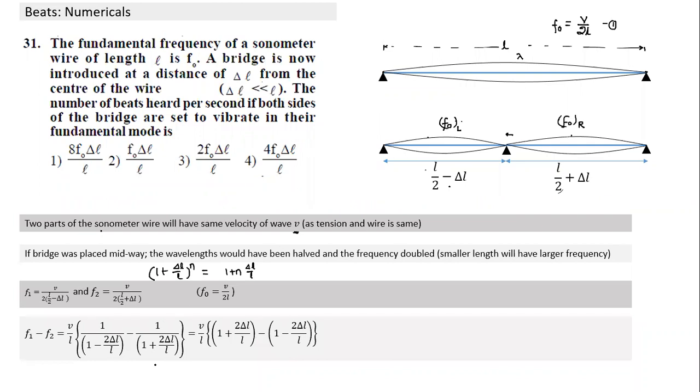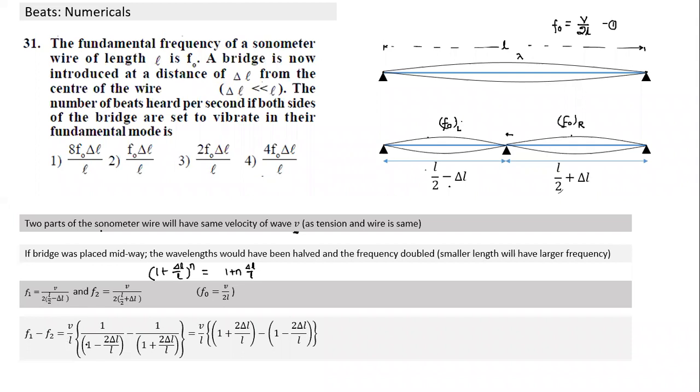So what is F1 minus F2? This is F1 minus F2. So this whole term can be written as 1 minus 2 delta L by L. What we have done here is taken this L by 2 term out common. So if I take L by 2 common here, the 2 gets cancelled.